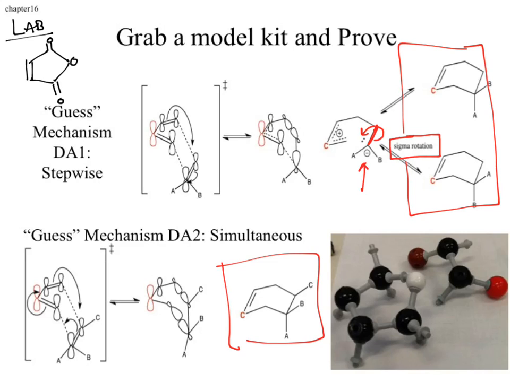So what we want to do is design our experiment such that we can see a difference between DA1 versus DA2. If the reagents we use prevent that sigma rotation, that's a pretty useless experiment because we can't make any conclusions about it. Or if the reagents we're using don't allow us to see a difference even if we had two products.